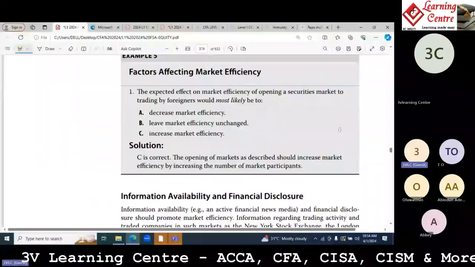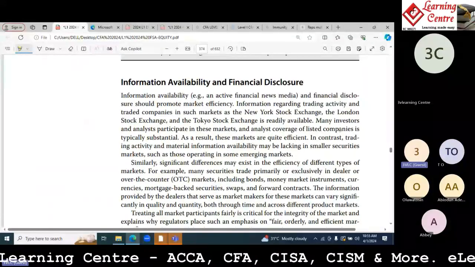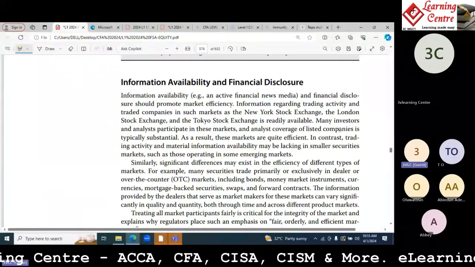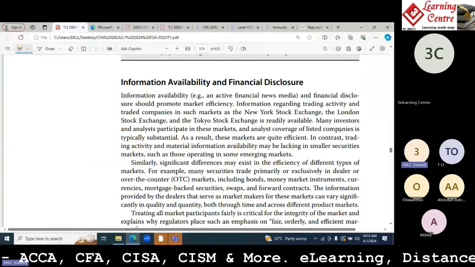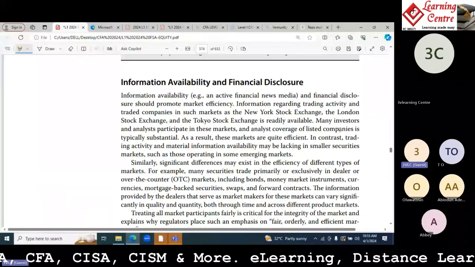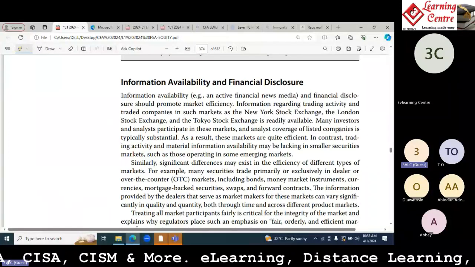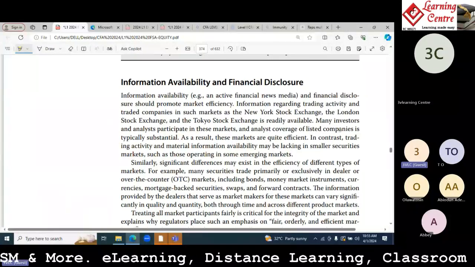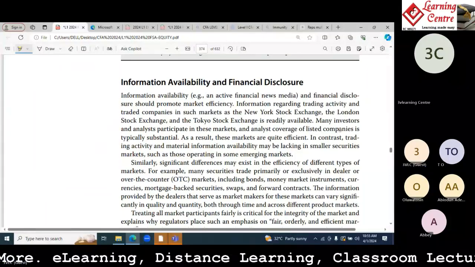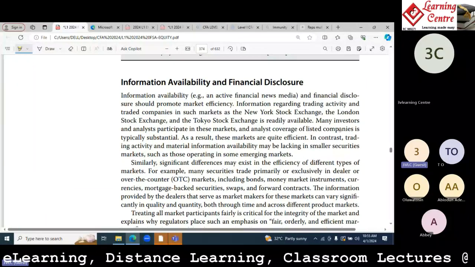The next factor is the availability of information and financial disclosures. Do the companies disclose? Do the companies tell us and make this announcement? The answer to that is yes. If they do, how do they do it?